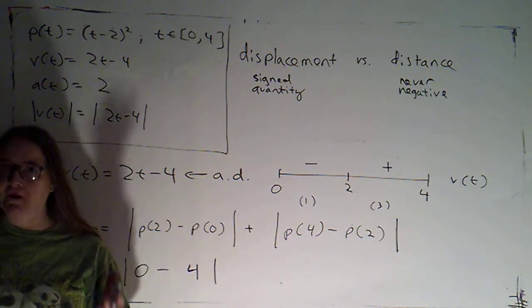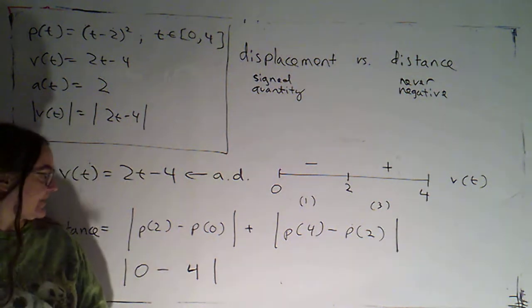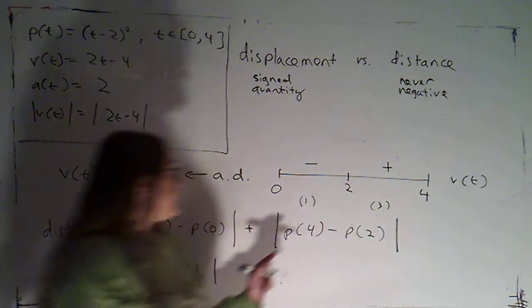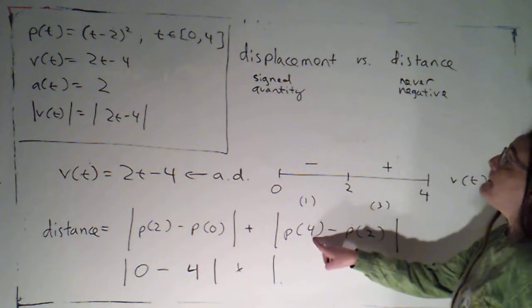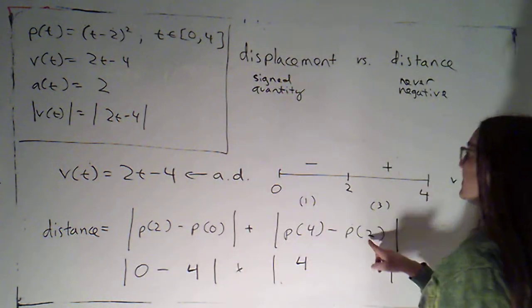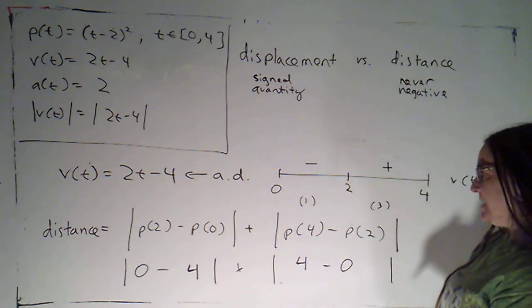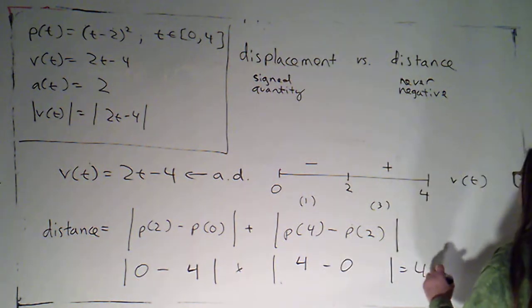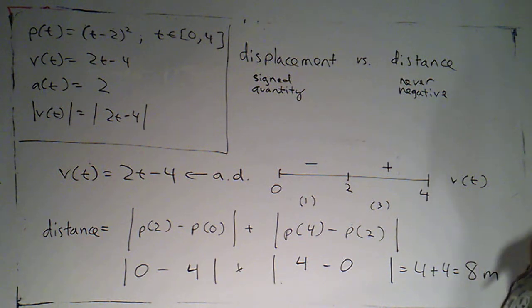We traveled 4 meters. The negative just tells us that it was to the left. And then over this second time interval, P of 4 we said was 4. P of 2 we just calculated was 0. So we get 4 plus 4 is equal to 8 meters.